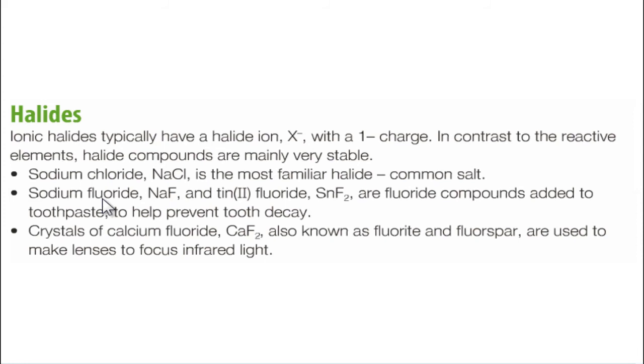They all have a 1 minus charge, and they're very, very stable. That's basically what they are. Sodium chloride, very stable because it has a 1 minus charge. The compounds have no overall charge, and calcium fluoride has no charge either.